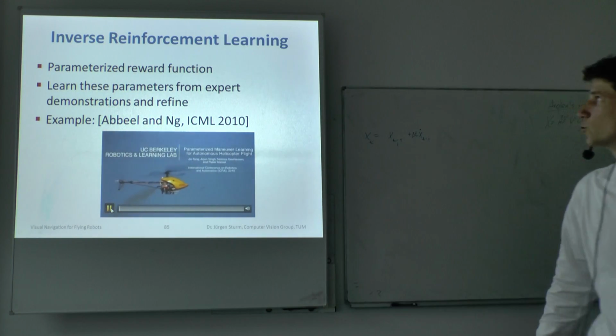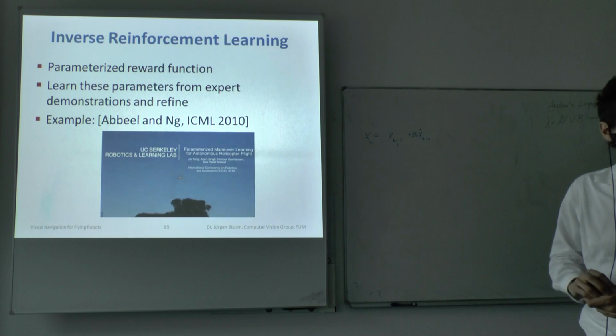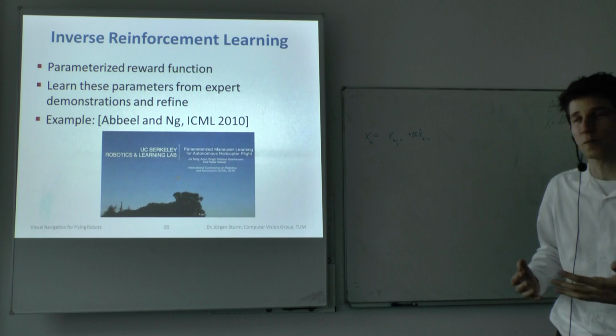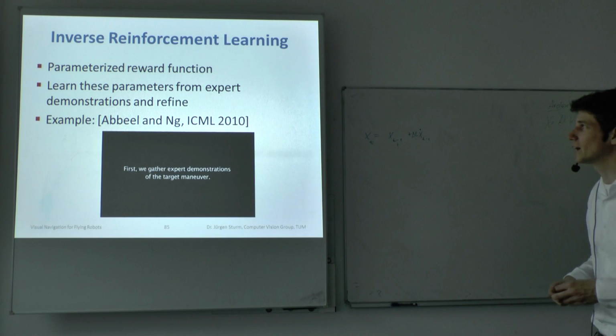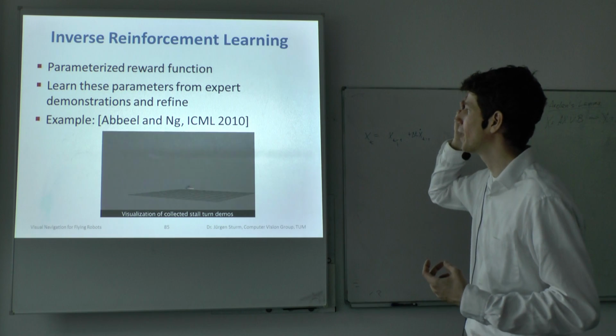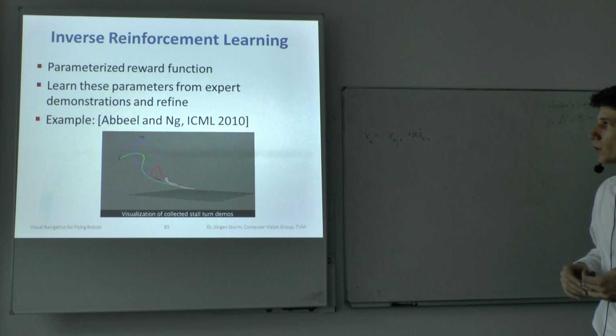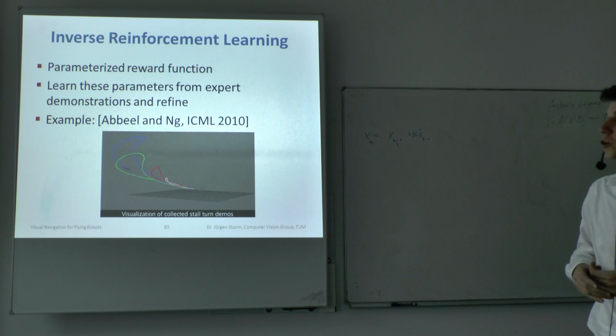Another option actually is to learn from humans. Sometimes you have experts that already know how to fly something, or you have a first controller that does something. And then the question is, in inverse reinforcement learning, how can you use the demonstrations from the expert to fine-tune a controller?